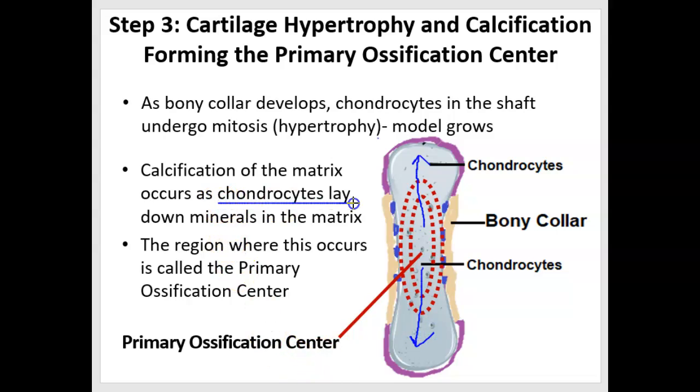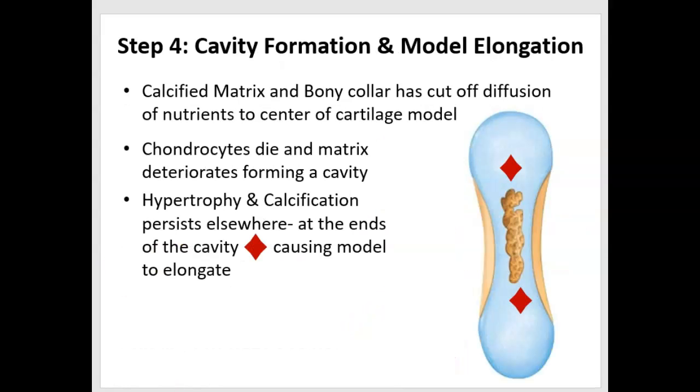As the chondrocytes lay down minerals in the matrix, it gets harder and harder and harder. So where this is occurring is called the primary ossification center. Kind of weird. We've got chondrocytes laying down osteoid. So the calcified matrix and the bony collar have cut off any diffusion of nutrients, and it's grown really big too.